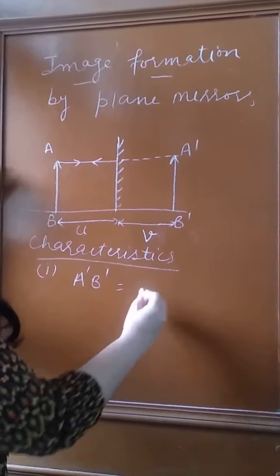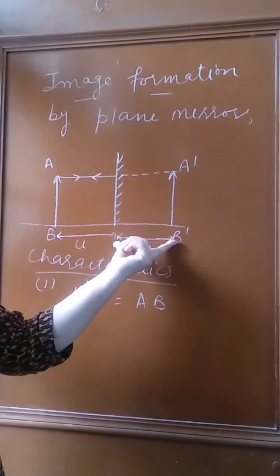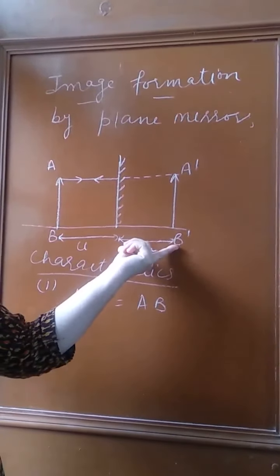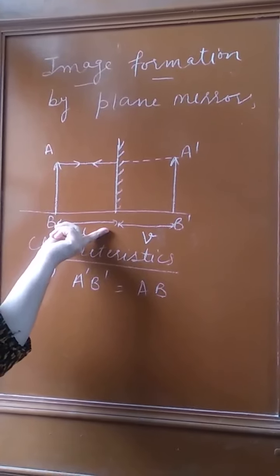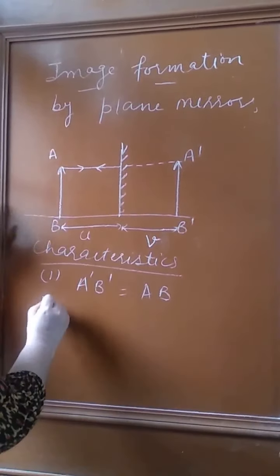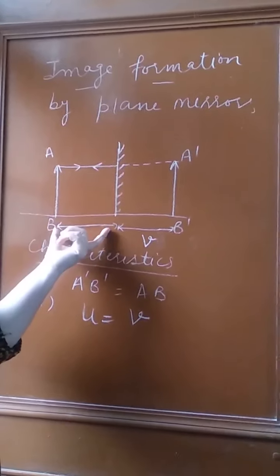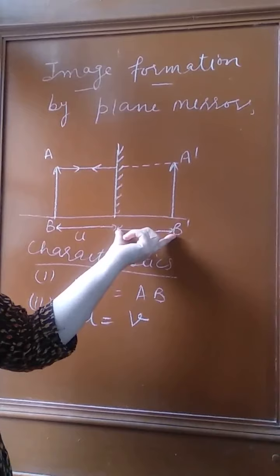The image is formed at the same distance as the object is placed. Means the image formed is as far behind the mirror as the object is placed in front of it. Means u is equal to v. The distance of the object and the distance of the image from the mirror is equal.